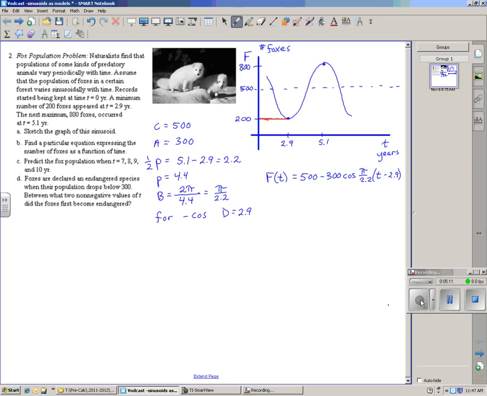That's my equation. So I did part A. I sketched that graph to get all the information that was useful for being able to come up with this particular equation.